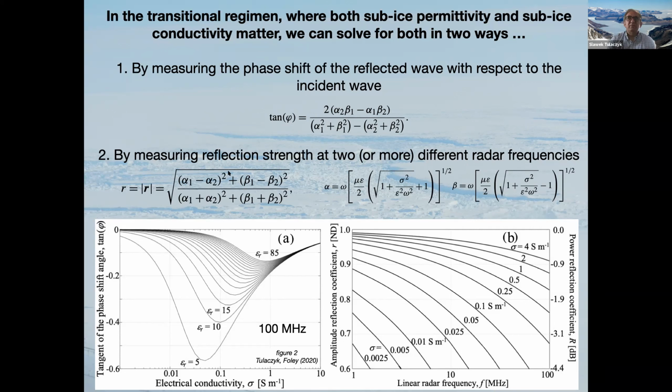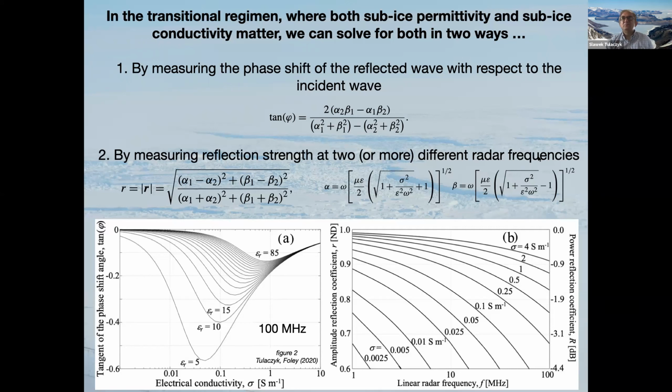Or you can use this approach, which would be using at least two or more radar frequencies, measuring reflection strength at different radar frequencies. If they don't differ between frequencies, that means that electrical conductivity doesn't matter, and permittivity is what dominates the reflection strength, because the part of the reflection strength that is determined by permittivity is frequency independent.